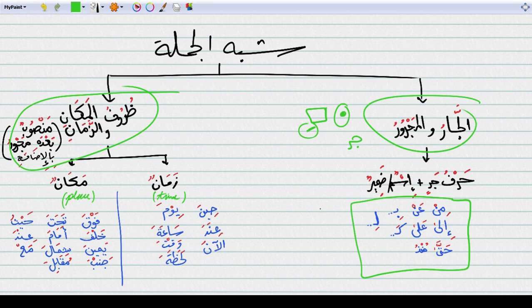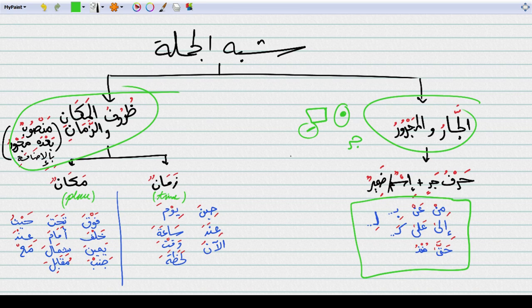Most of them, or actually all of them, are prepositions. You might want to memorize these because these don't change. So harful jar in Arabic grammar never change. Whenever they come, the next word must end with kasra.